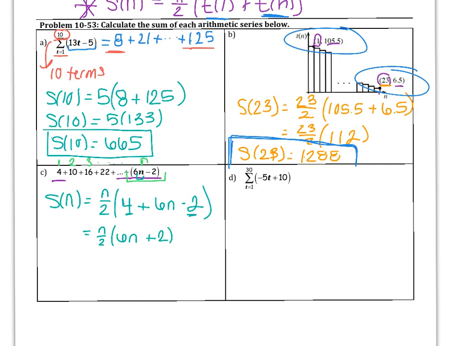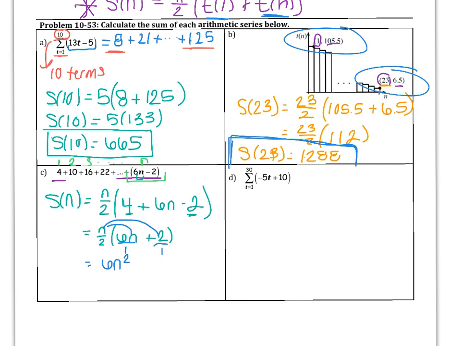And then we can even continue simplifying, because if we distribute this n over 2 times 6n, think of it as over 1, then our numerator would be n times 6n, that's 6n squared. And then we would take this and multiply it by 2. Think of it as 2 over 1 if that helps. So n times 2 is 2n, and 2 times 1 is 2.